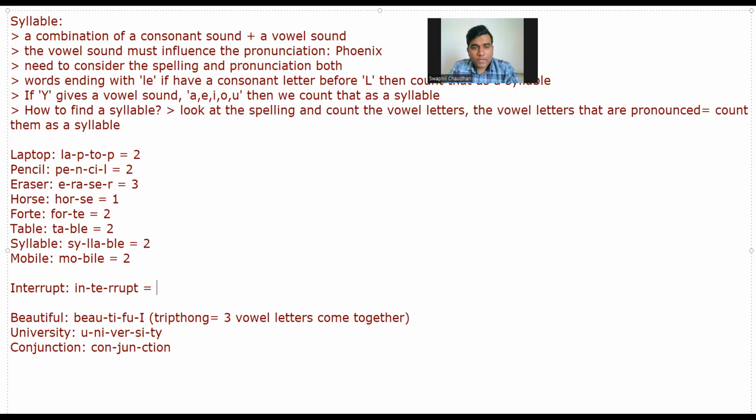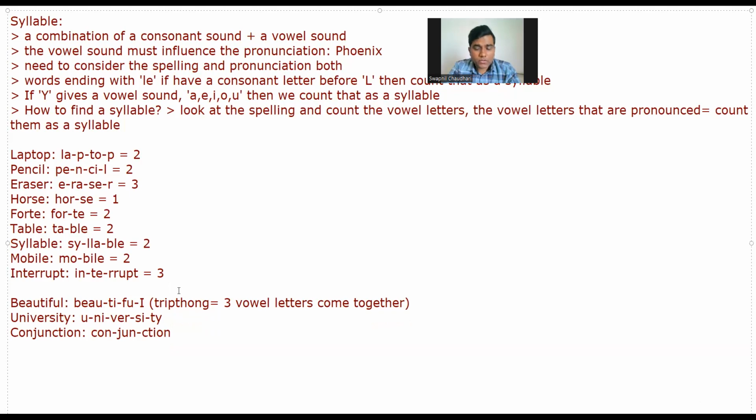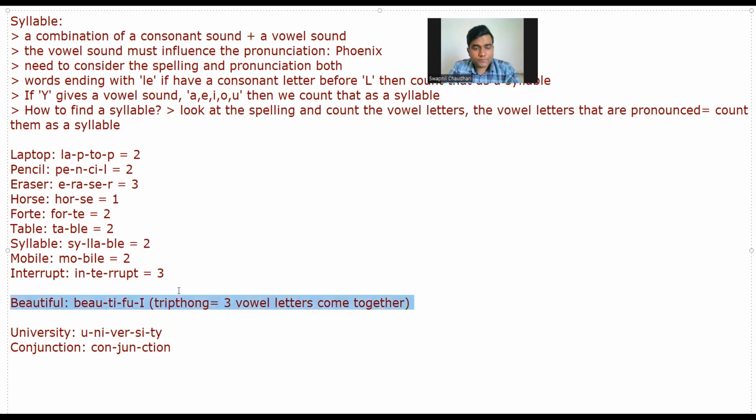So over here, we have three syllables. Okay? So that's another way to count the syllables. So interrupter. Okay? What about this word? Beautiful. Beautiful. Okay? So this is the.